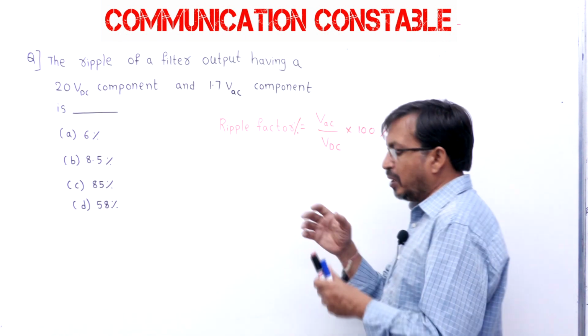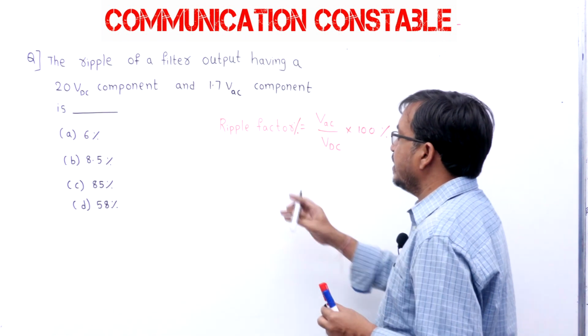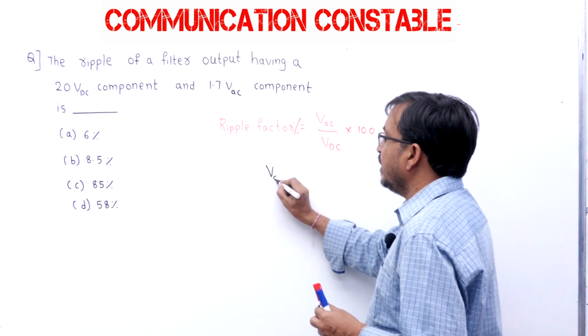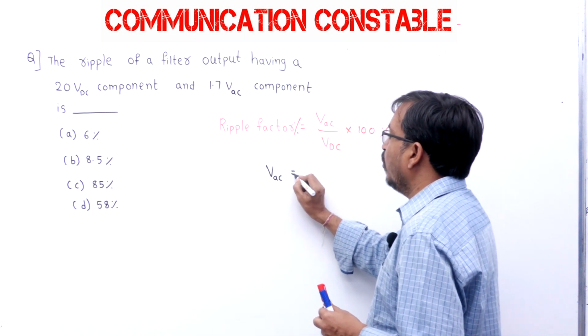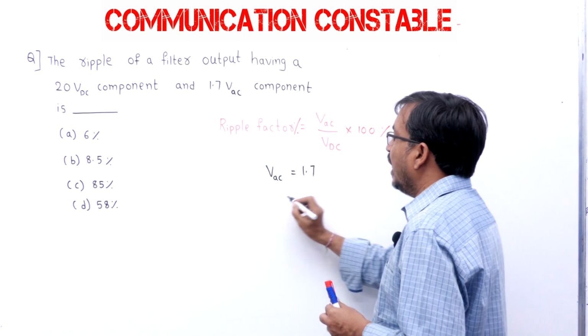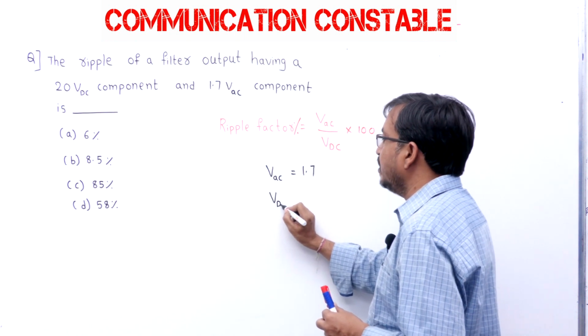So here in our question, what is the AC voltage given? AC voltage is given as 1.7 and DC voltage is given as 20.